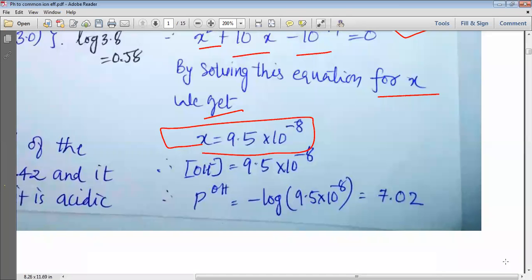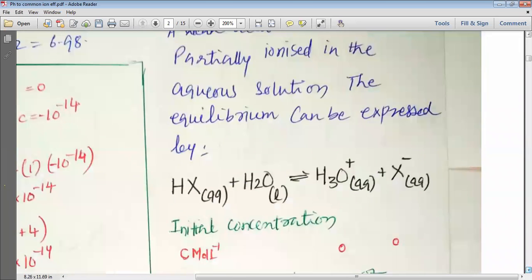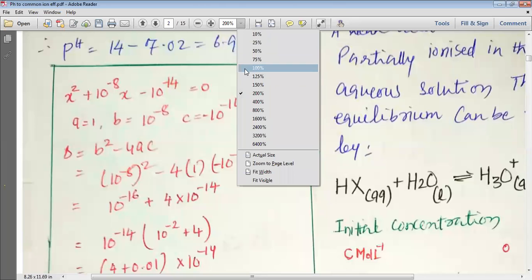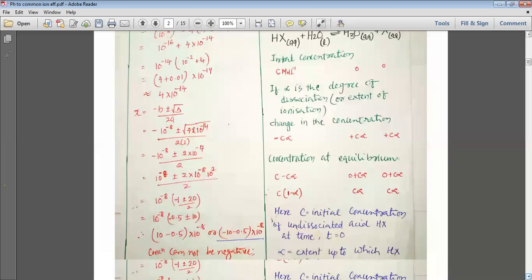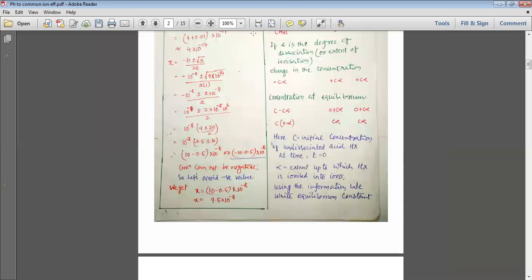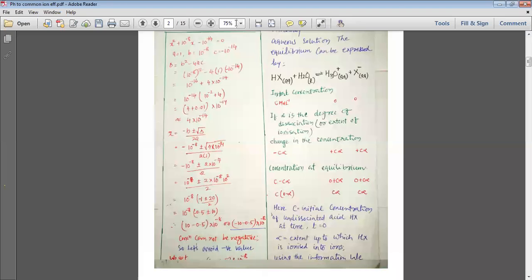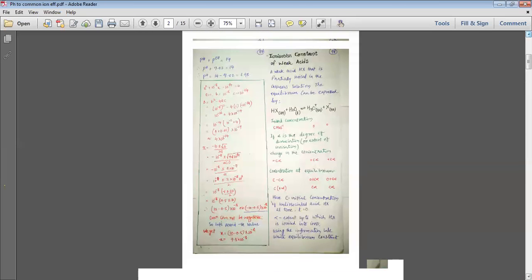My dear students, if you find it difficult to calculate this value, I have done it for you. Here I have shown you how you can calculate it, but we are not going to discuss it because it's mathematical steps that I have done. For your understanding, I have shown it on the next pages, and these pages I have already sent to you so that you can study it from here.